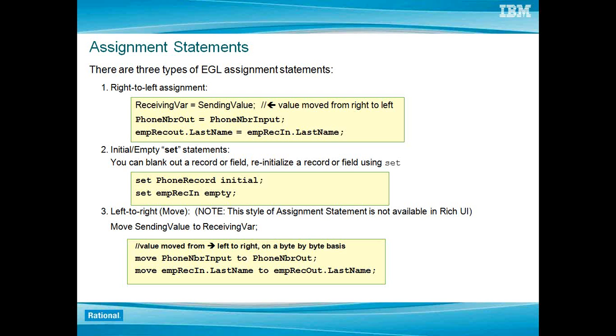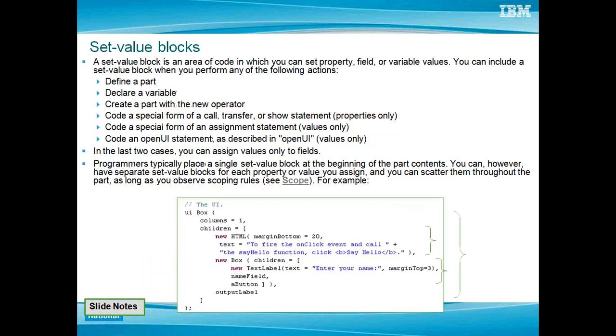So the value that is present inside the phone number input variable will be transferred to the phone number out variable. In the same way, employee record in dot last name: the last name value inside this employee record will be transferred or copied into employee record out dot last name.